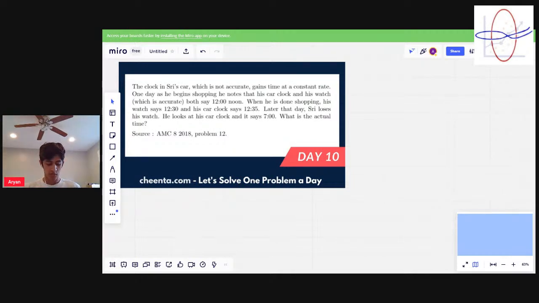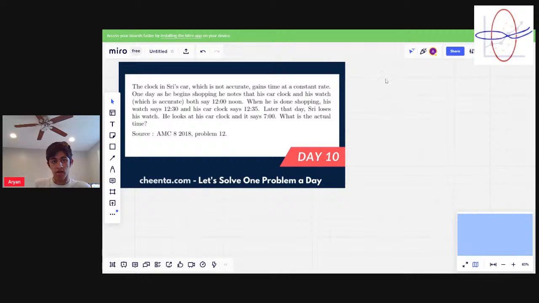So for this question, we really want to look at the problem and see what they're asking for, right? So we have two clocks, one of them accurate, one of them not accurate. So it says in 30 minutes, that's how much his watch passes.